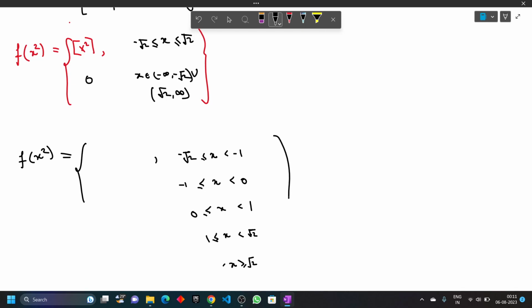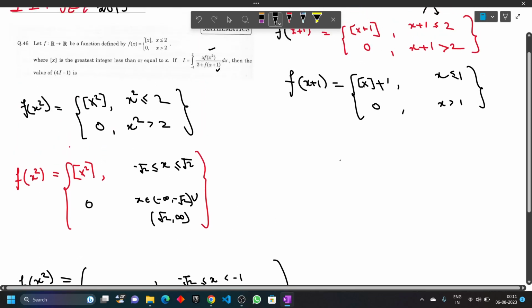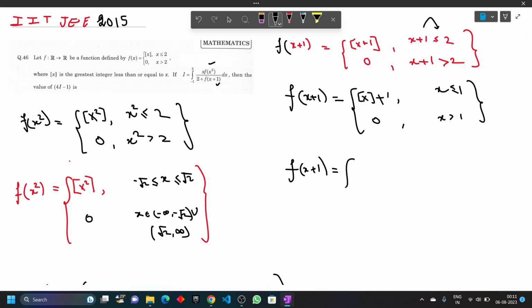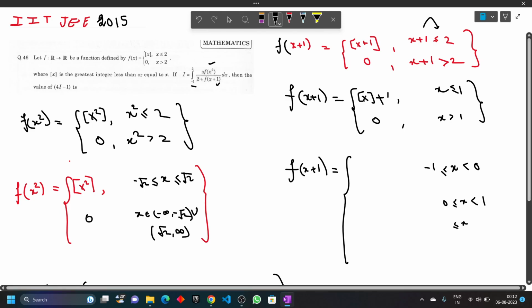Similarly, I will break the other function into parts, since we have to go from minus 1 to 2: from minus 1 to 0 first, then from 0 to 1, then from 1 to 2, and then x greater than 2.